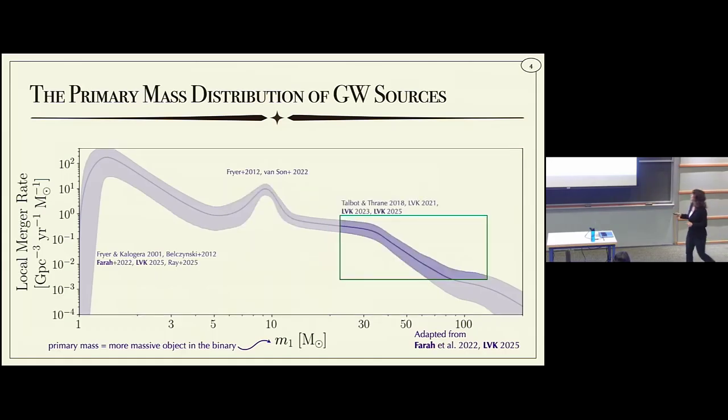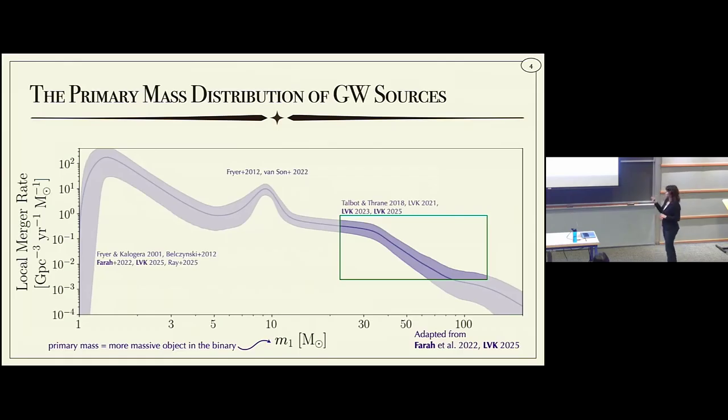The next feature I want to point out is this feature at around 30 solar masses. This was first identified maybe in 2018, and since the LVK has been analyzing this feature, the jury has been out on whether it's a peak, so like a local maximum, or just a shelf. With GWTC4, it's about 80-20 in favor of a peak, but it's still possible that it could be a shelf.